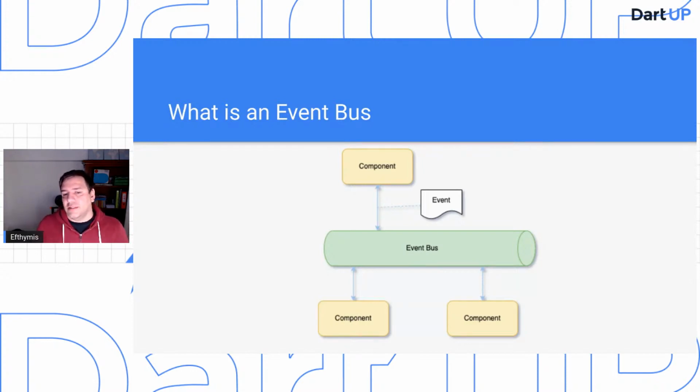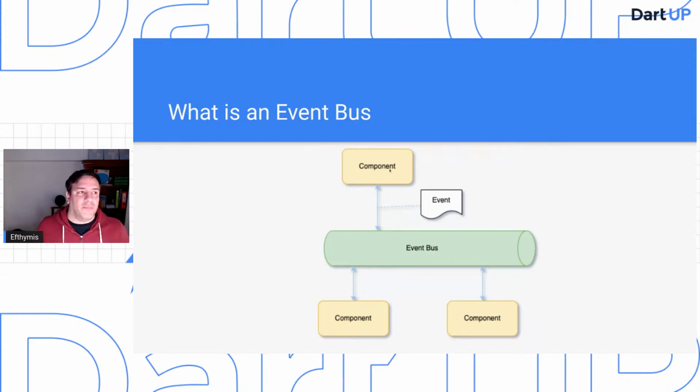A component can send an event to the event bus, but also a component can listen to events in the event bus. It's called the event bus because it's kind of like a bus line for events. An event gets into the event bus at one point and might get out at multiple points.